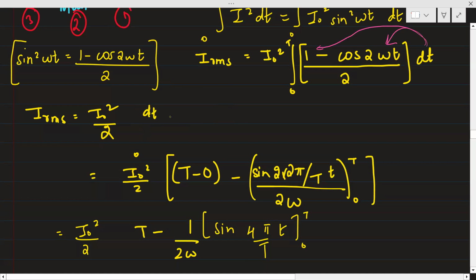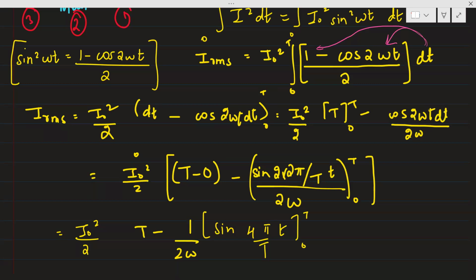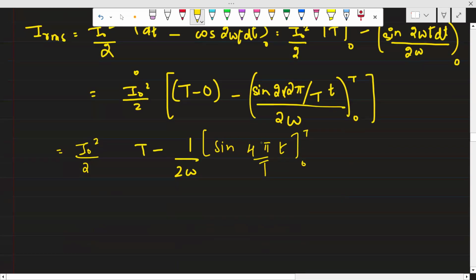So this will be dt minus cos 2 omega t dt from 0 to capital T. Now the integral of dt will be written as t from 0 to T, minus, since 2 omega is constant, it will come in the denominator as 2 omega, and cos 2 omega t dt becomes sine, again from 0 to capital T. When you put in the value of T, this will be T minus 0, and this will be 4 pi by T because 2 into 2 pi, T minus 0. So let's put the limit here.